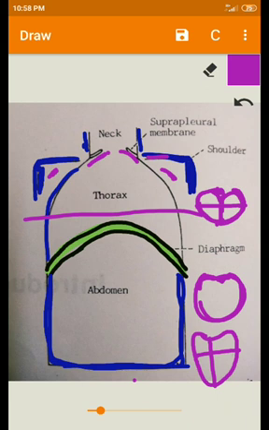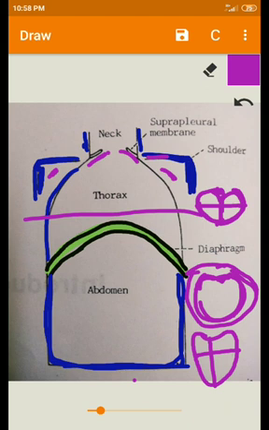Such shapes of the thoracic cage can be seen in different types of individuals. In infants, as I have already told, it is almost circular in shape. This is the infant type of thoracic cage, where the ribs are horizontal.